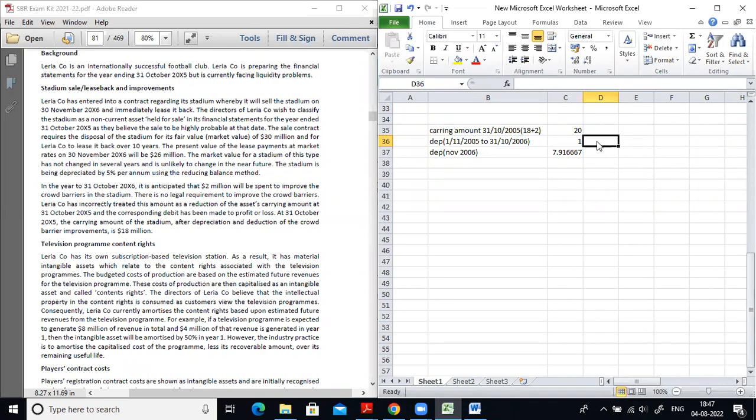Now the depreciation for 1 month should be computed. The total carrying value as on 31st October 2006 will be 20 minus 1, so you will be getting 19 million. On that 19 million, we need to compute the depreciation at the rate of 5%, and it should be only for 1 month.